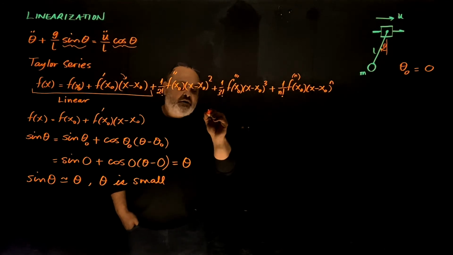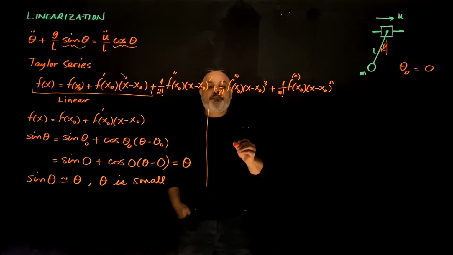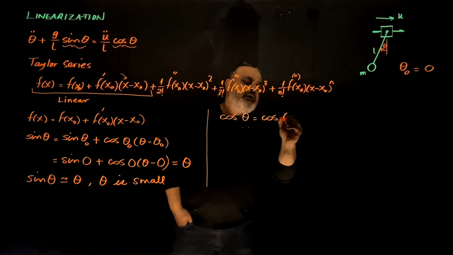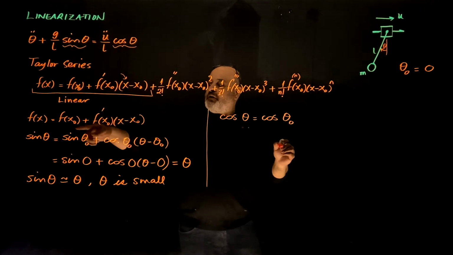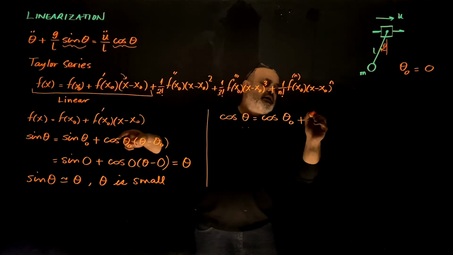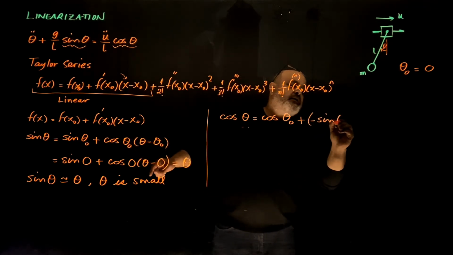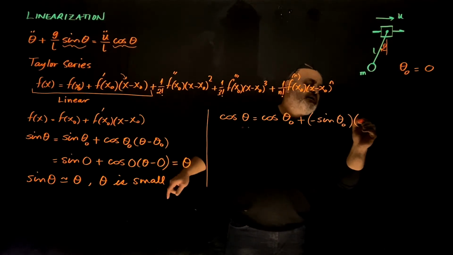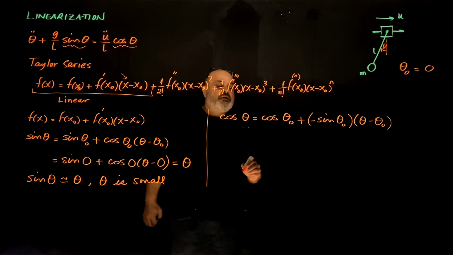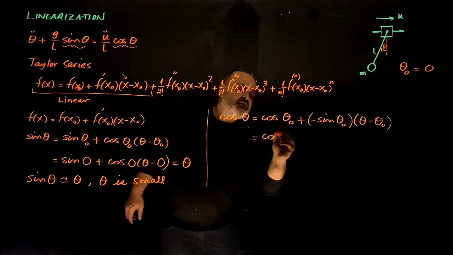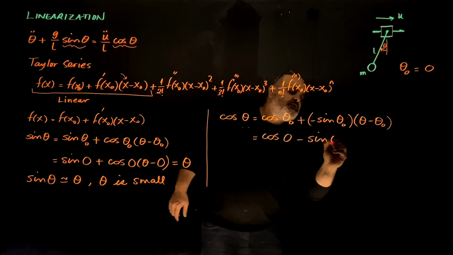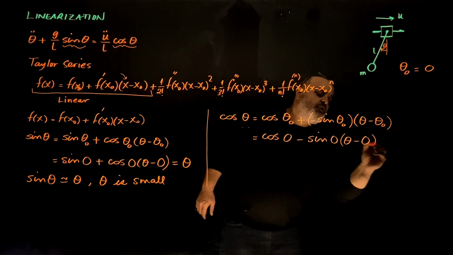Then, for the cosine function, cosine theta is cosine theta 0 plus the derivative of the cosine, which is negative sine theta 0, times theta minus theta 0, which is basically cosine of 0 minus sine of 0 times theta minus 0.